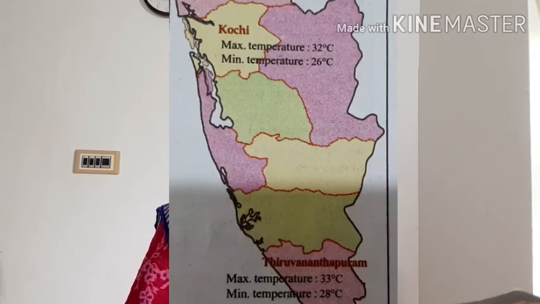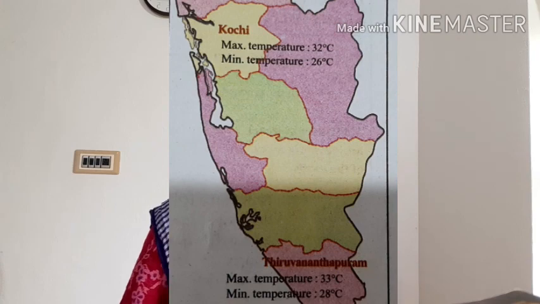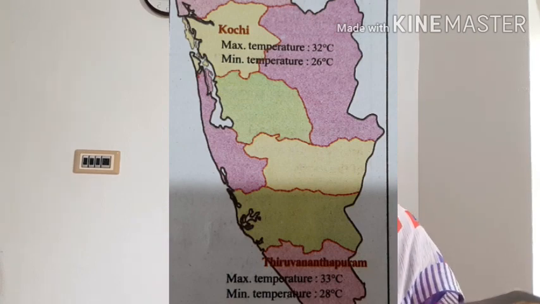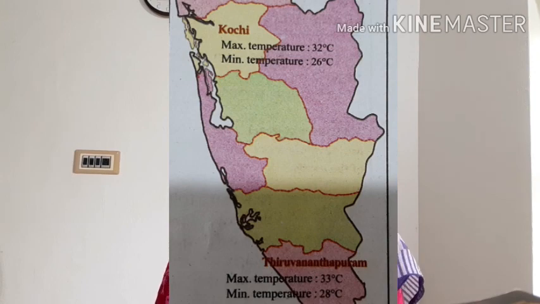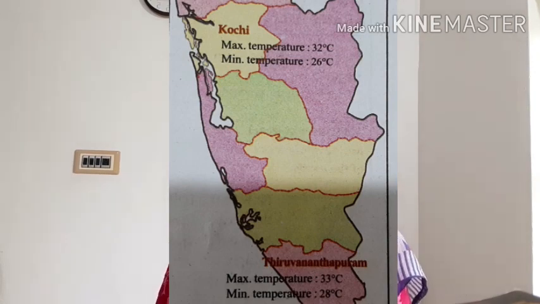Then look at the map. All of you look at the map. Here you can see the maximum and minimum temperature in the places of Kochi and Thiruvananthapuram.